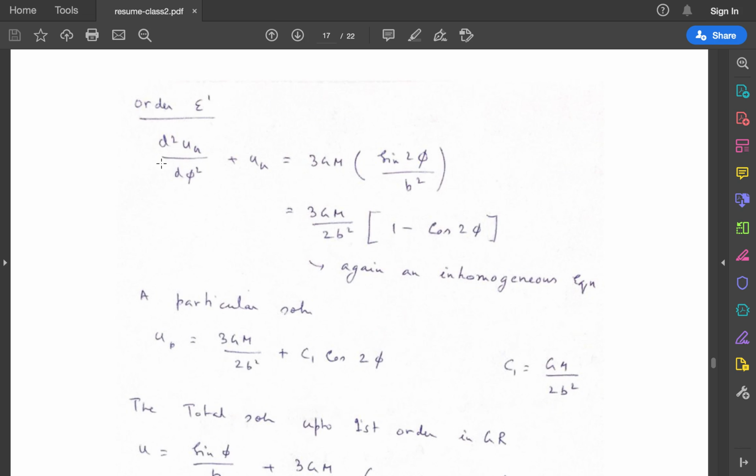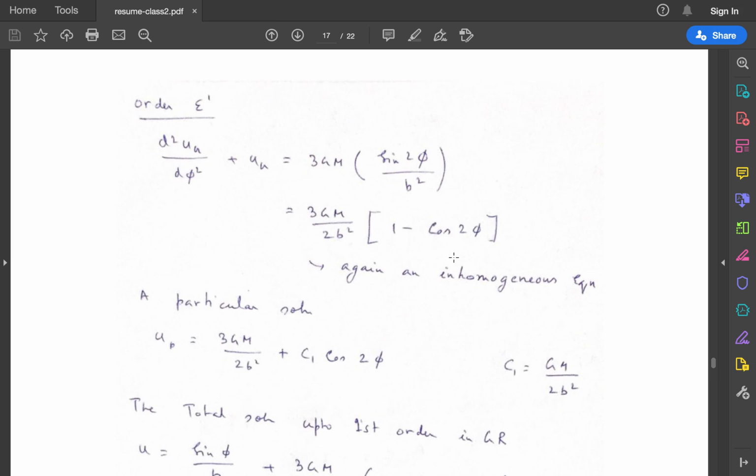Let us again have this equation where we have put epsilon equal to 1, and we have this whole solution, and u square is nothing but sin square phi by b square. We have got back this Newtonian term, and this can be written in terms of cos 2 phi. If I see this equation, d square u by d phi square plus u, let us say the solution of this equation is ug.